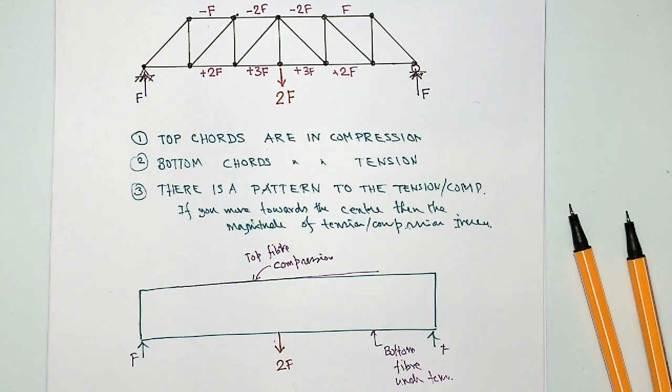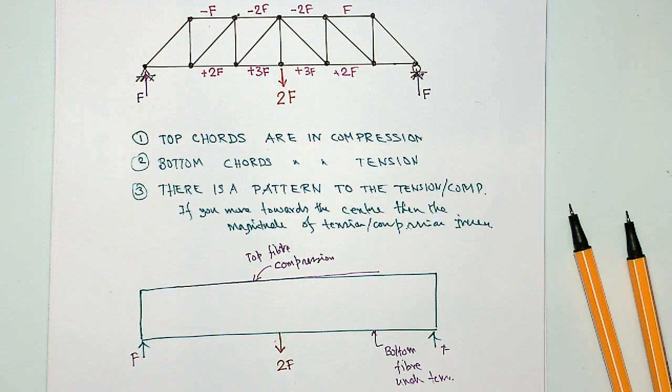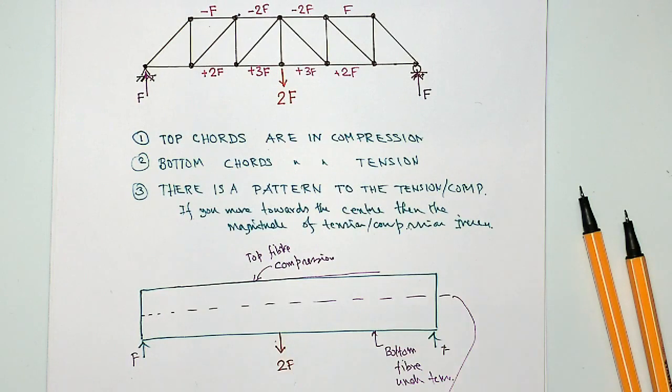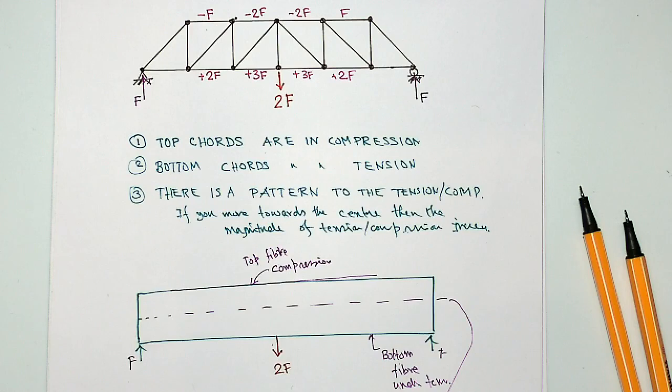And how do you draw that? Imagine this is the beam line, the central line of the beam, and you are plotting the amount of tension and compression as you go.